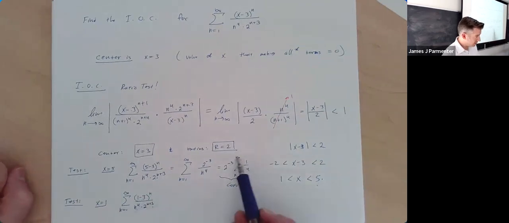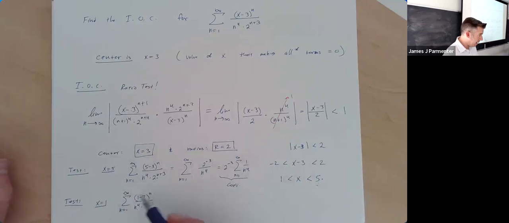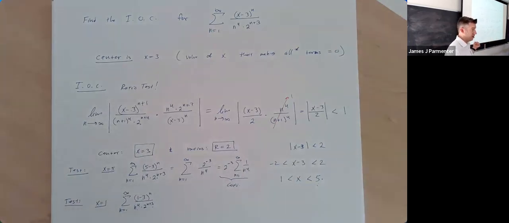But I know that since this one is convergent, I could take the absolute value of this one and show that this is absolutely convergent, which means it's convergent. So if you know that the non-alternating one converges, the alternating one is also going to be convergent. On the other hand, if this one had been divergent, then I would actually have to do some work here to see that this was convergent.